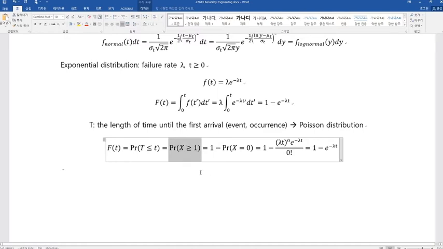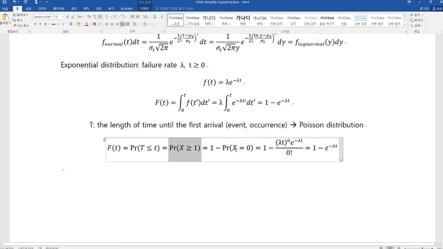The number of events occurred until time t is greater than or equal to 1. That means at least one event occurred during the time interval t.